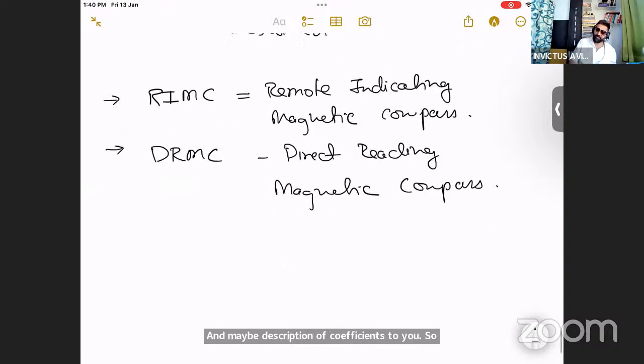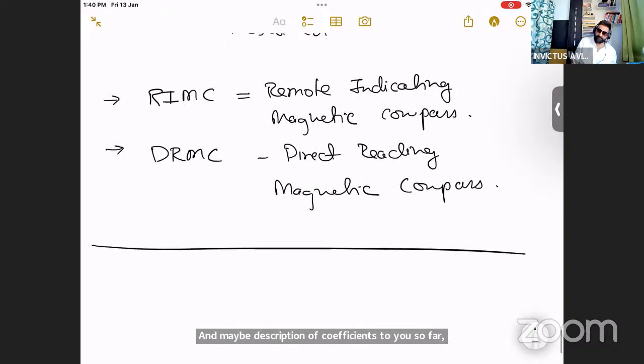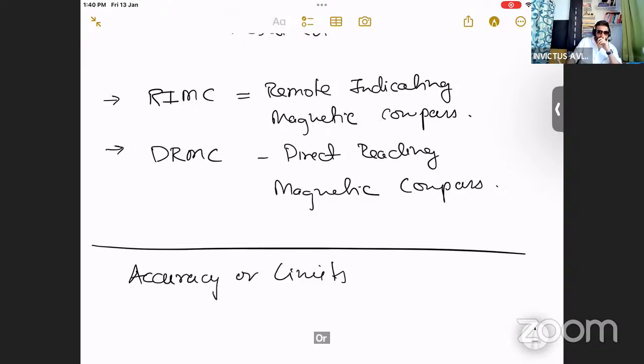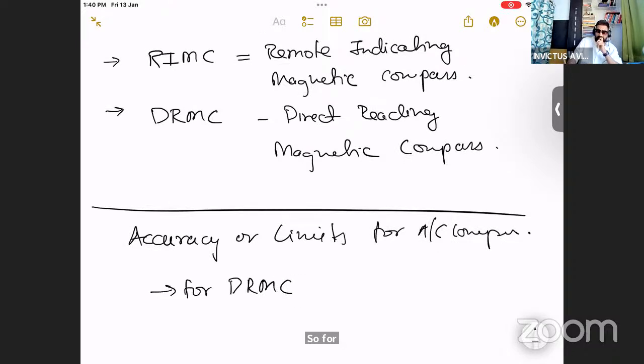What is more important for us is the accuracy or limits for aircraft compasses. So for direct reading magnetic compass, the accuracy has to be plus or minus 10 degrees.